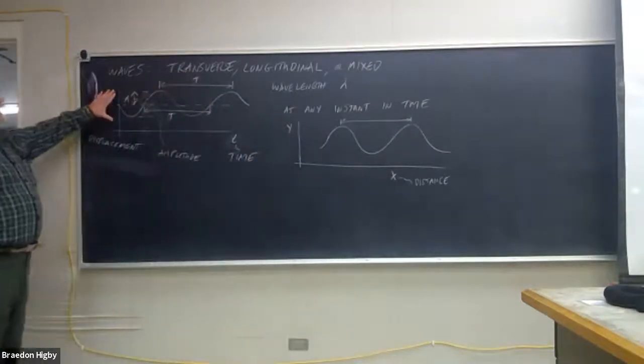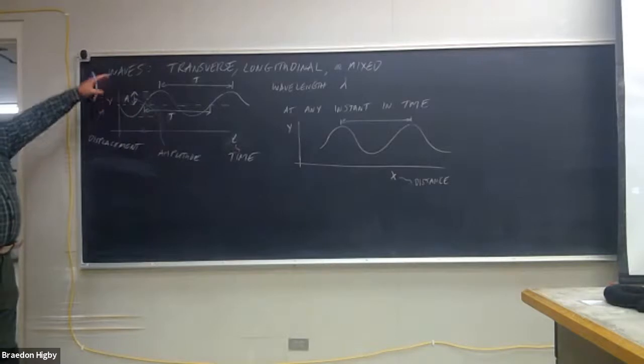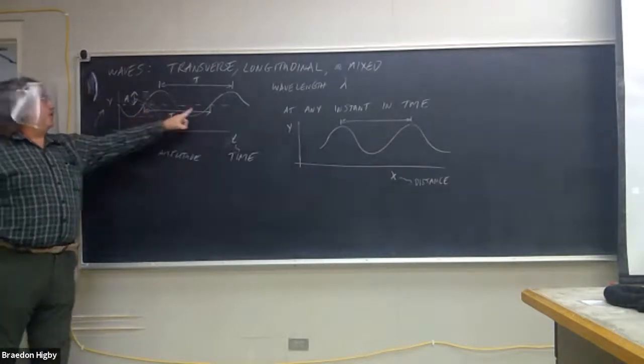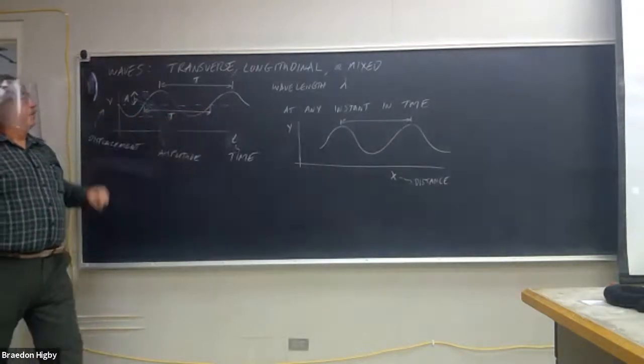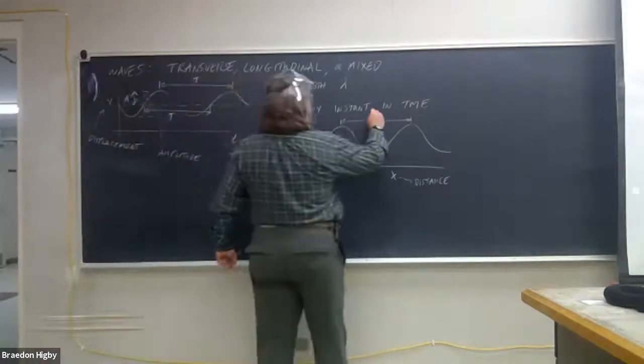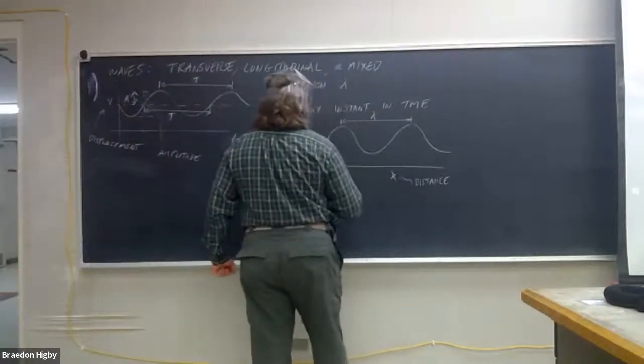So in a graph of displacement versus time, we could talk about this interval being the period, and this being the wavelength.